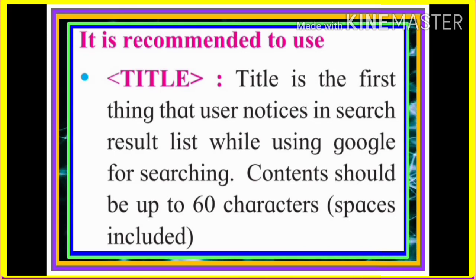Contents should be up to 60 characters including spaces. So in each web page of website, title tag should be there with the title related to the page content, but the content should be up to 60 characters.